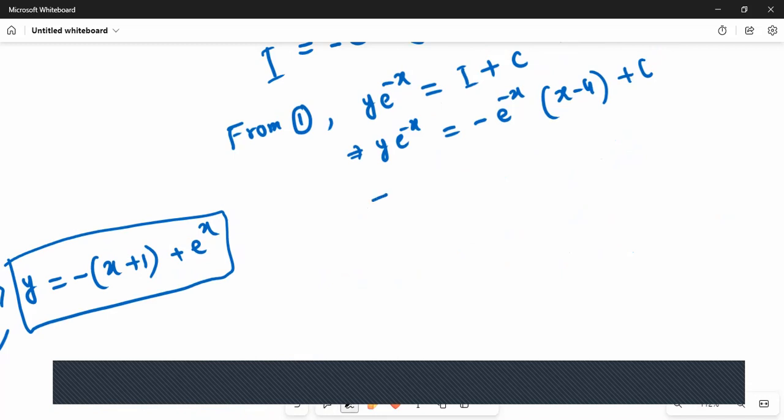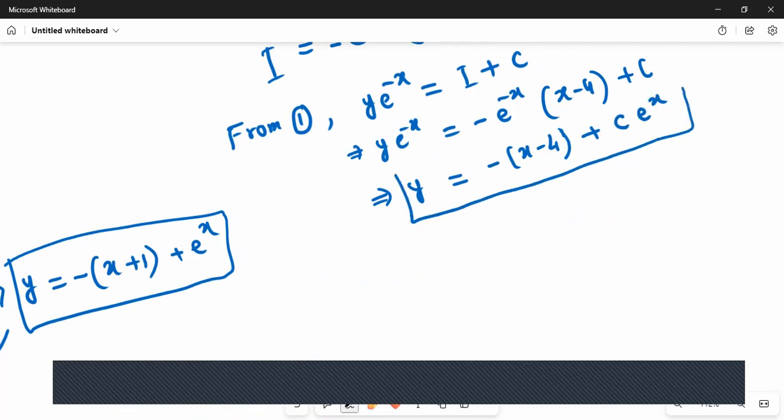Then you can just simplify more. This will be y equal to minus x minus 4 plus c e power plus x. Okay, so you got this particular general solution.